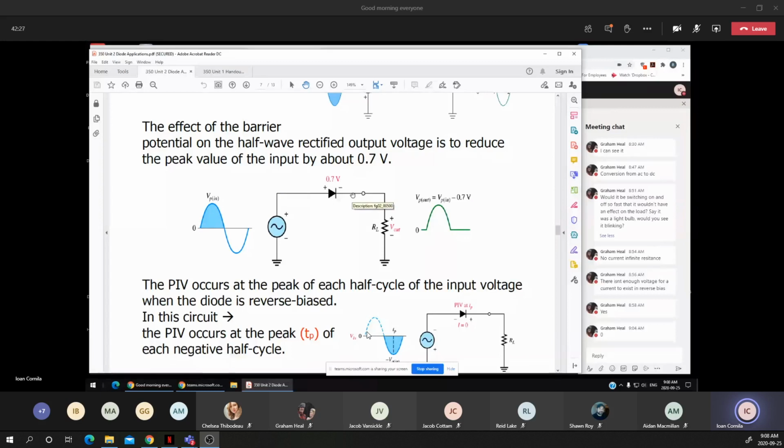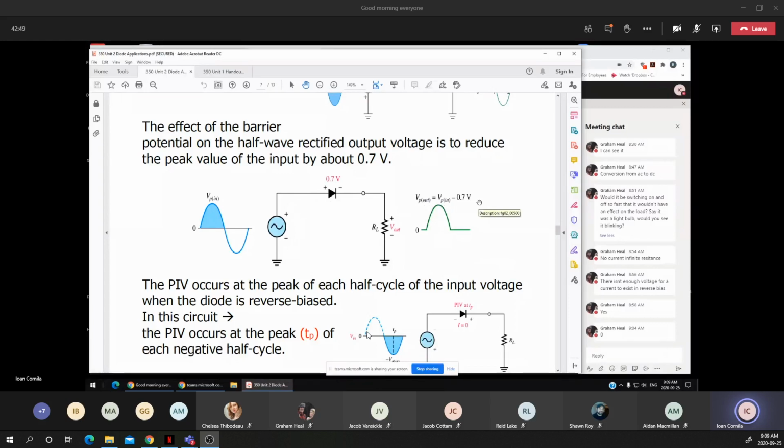The voltage across the diode in forward bias is 0.7 volts, and the KVL applied in the simplest circuit, which has the voltage source, the diode, and the resistance RL, means that the peak output voltage is the peak input voltage minus 0.7.